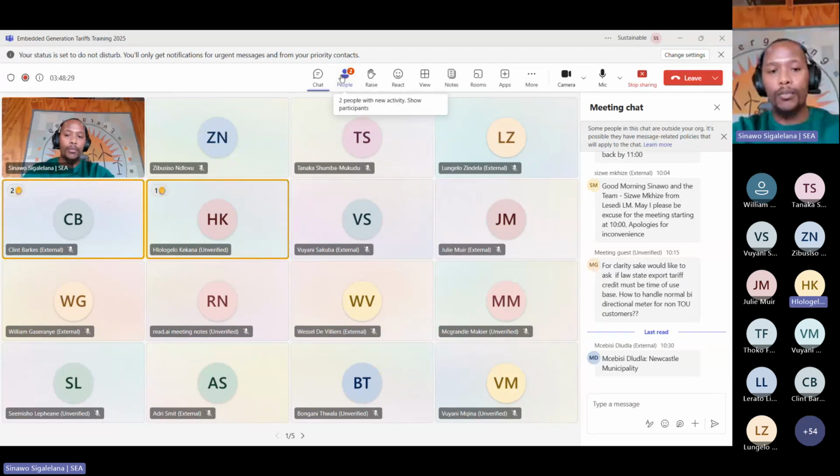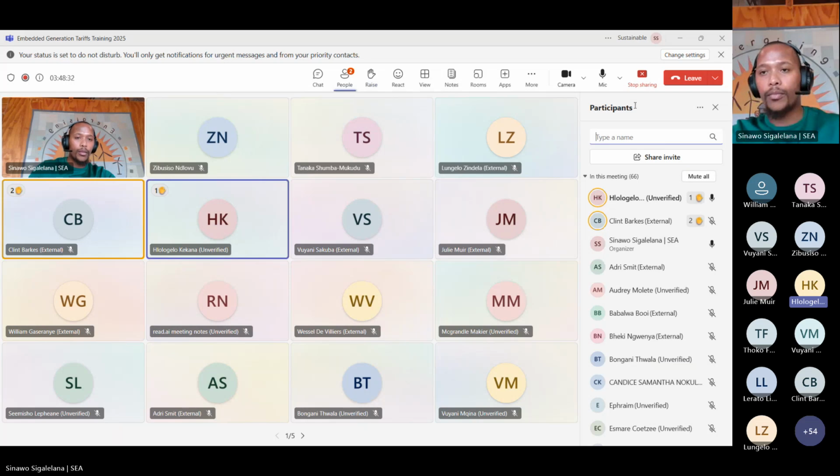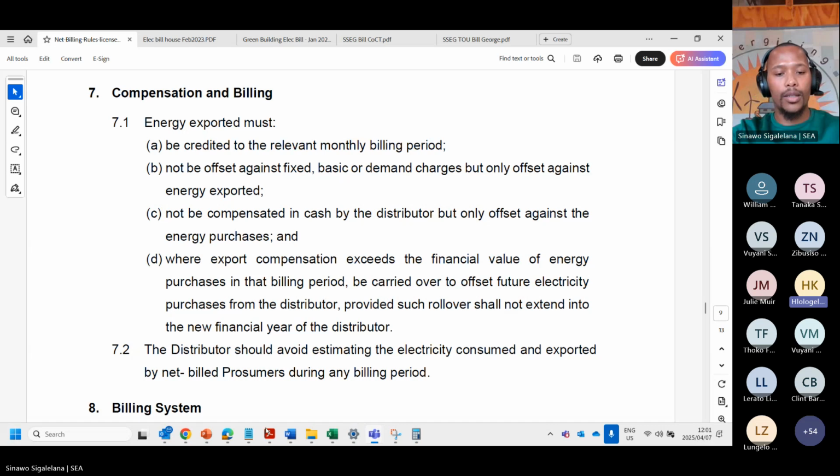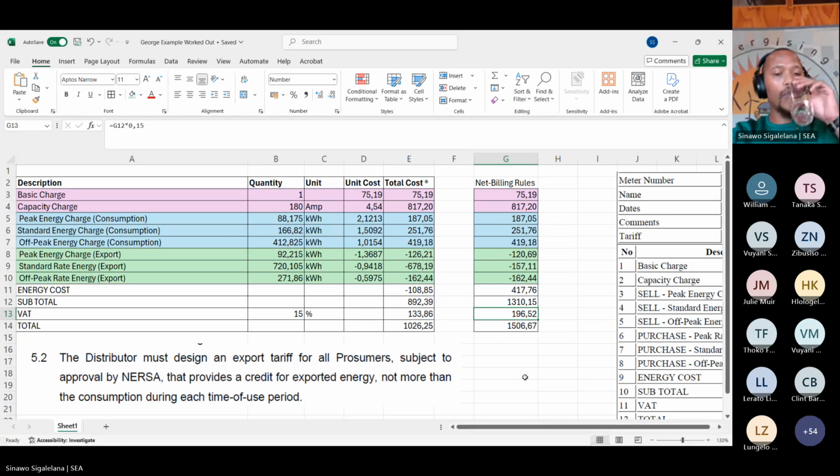I just want to go back to the table that you were showing, sir. I have a slightly different understanding of the less than. From my understanding, let's compare peak at 88, and the unit cost is 2 rand per kilowatt, and then your total gives you 187.